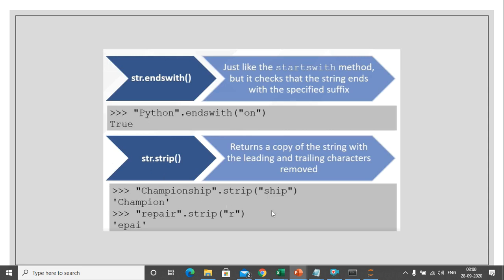Now strip is another function which you might be using to cut down particular characters or a word from the given string. It's very frequently used. We will be using this frequently when we do data visualizations, or maybe in other courses of data science and machine learning with Python.